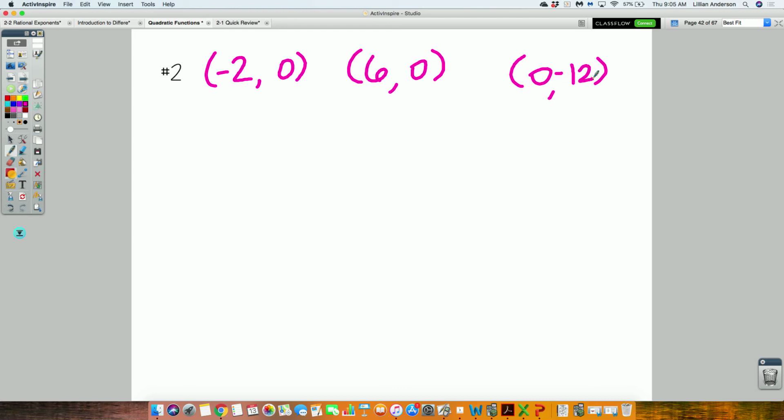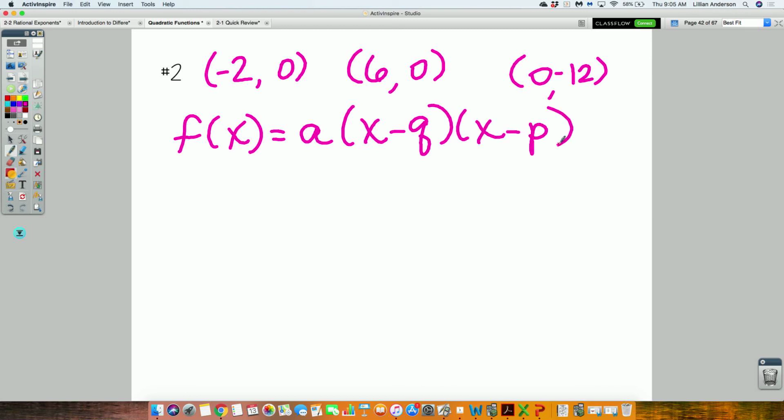So we do something similar to how we did number 1. But this time, instead of using the vertex form, we're going to use the factorized form. What are my x-intercepts?